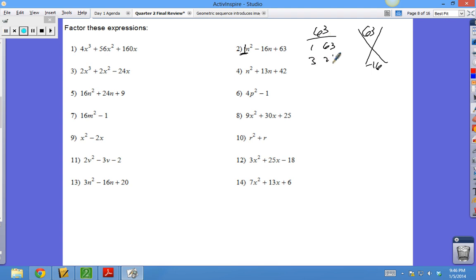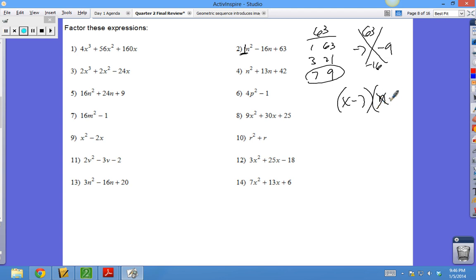So 3 and 21 is a pair. 63 divided by 4, probably not. 5, no. 6, no. 7, yeah, 7 and 9, and that's it. 7 and 9 is what I'm after. So it's going to be a -7 and a -9, because added together they give you -16, times together they give you +63.